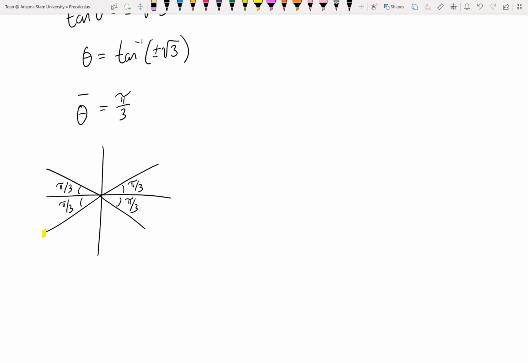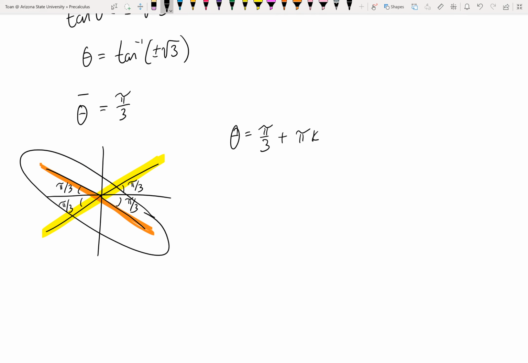We're going to have this general solution because they do form a straight line, and we're going to have this general solution because they do form a straight line. So our answers are theta equals, and you can start anywhere you want. We can go ahead and start here. That's pi thirds plus pi k. Remember, we only need to go half a circle to get to the next answer. And then to write this solution, you just need to start anywhere.